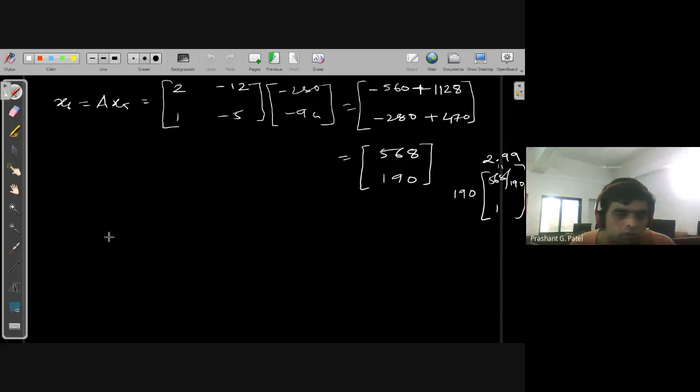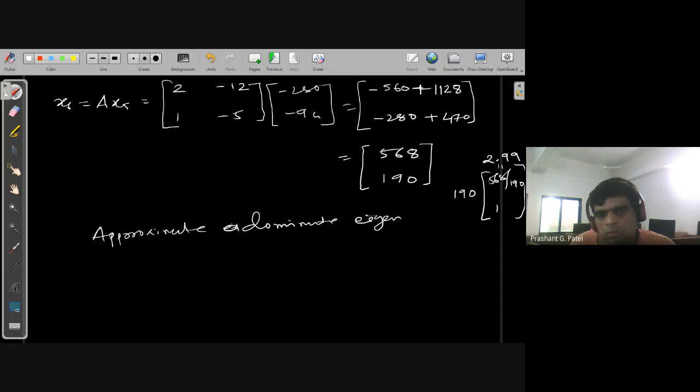So the approximate dominant eigenvector we got is 3, 1.